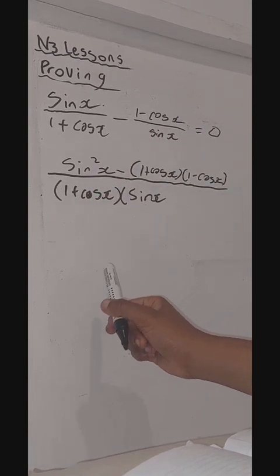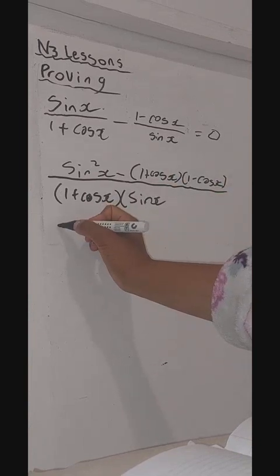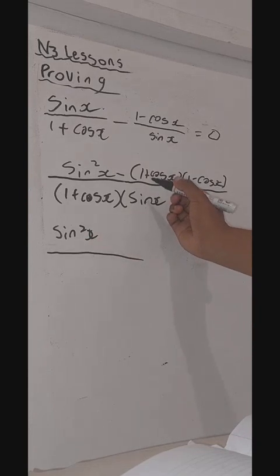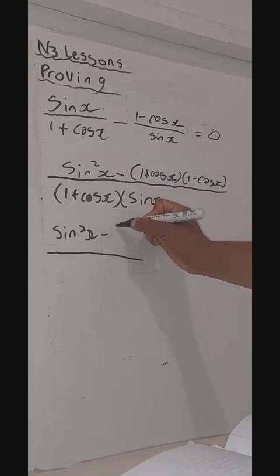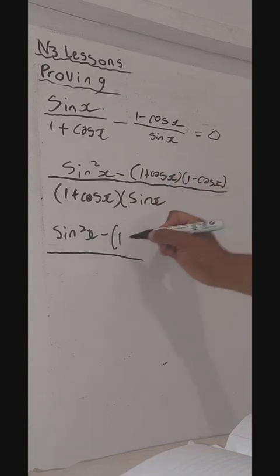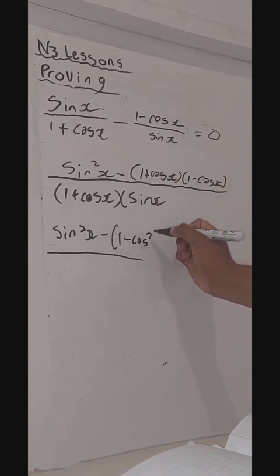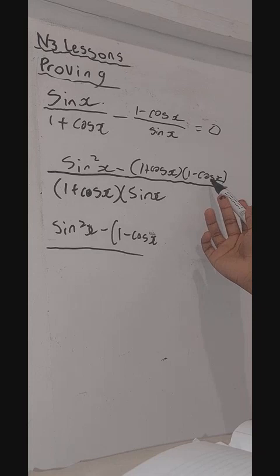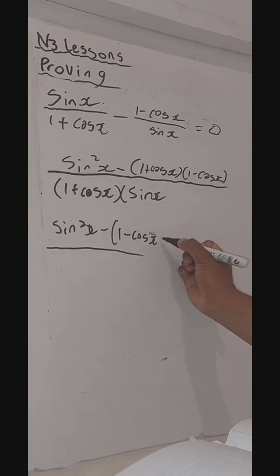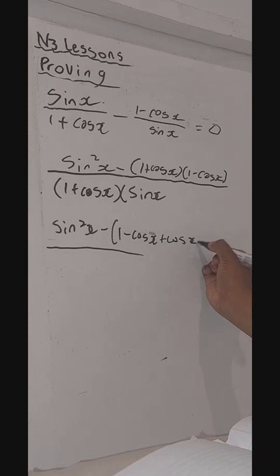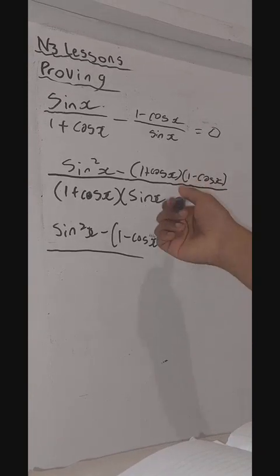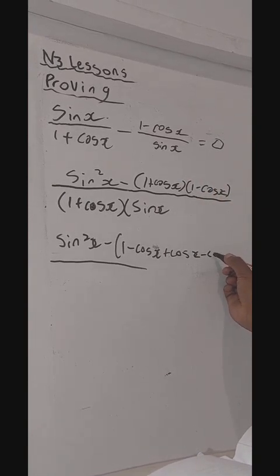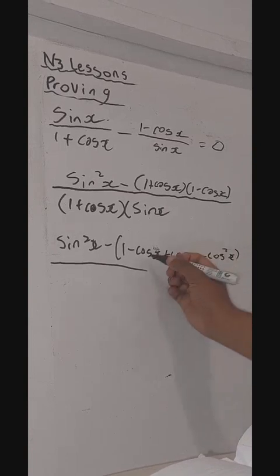Right, so what can we do here? Let's start with the brackets. It's going to be sine squared x over, I'll write it after we do this. 1 times 1, it's going to be positive, right? 1 times negative cos x is negative cos x, and then cos x times 1 is positive cos x, and cos x times negative cos x is negative cos squared x.